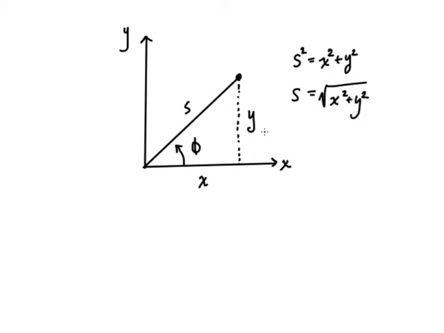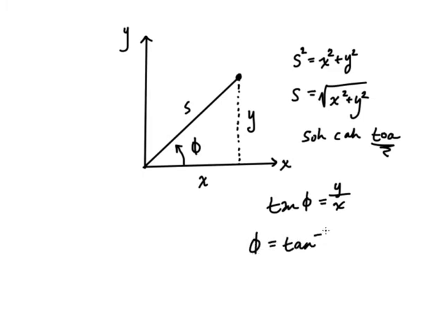So we've defined s in terms of x and y, and we can define phi also using trig. So if we can recall our SOHCAHTOA, then we can see that we can use this relationship here, where tan phi is equal to the opposite over the adjacent, which will give us y over x, and we can solve for phi by using the inverse of tangent of y over x.